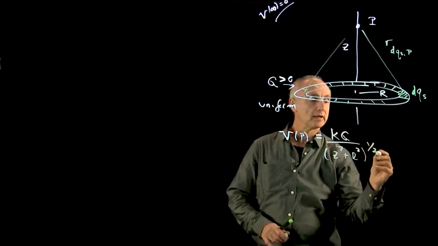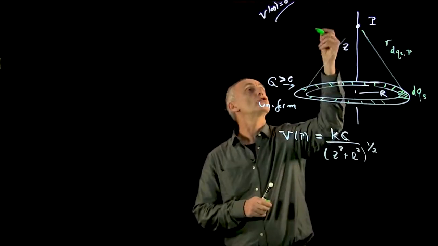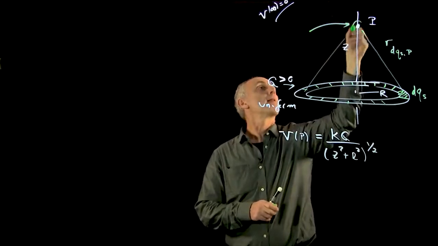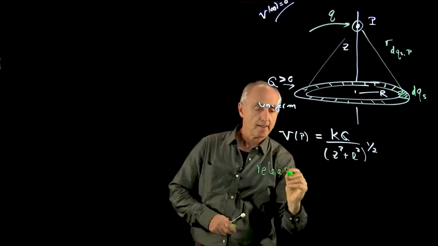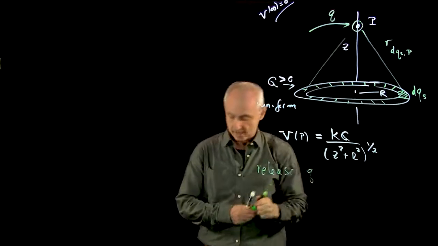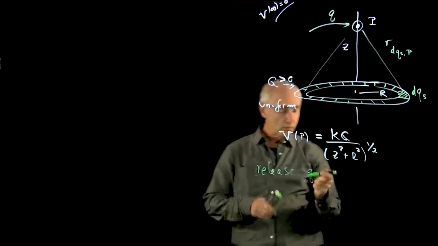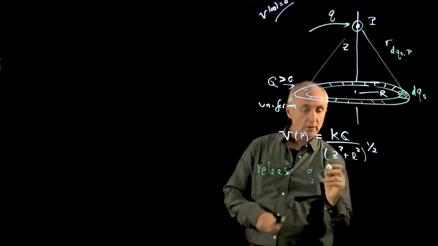Now, let's imagine that we place a charge q right there, and we release q, and we want to make sure that we can see this. So we release q from rest.